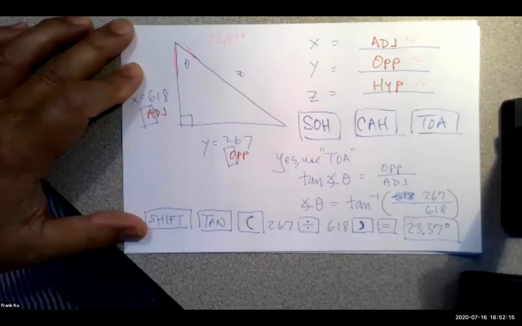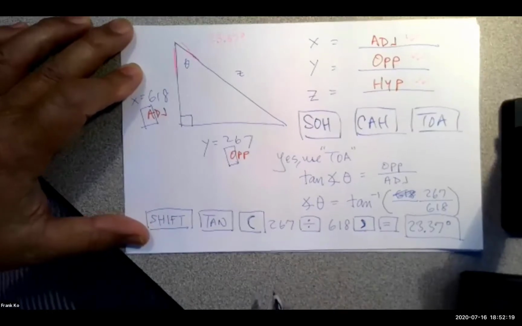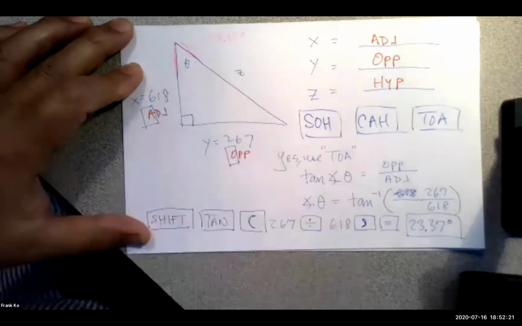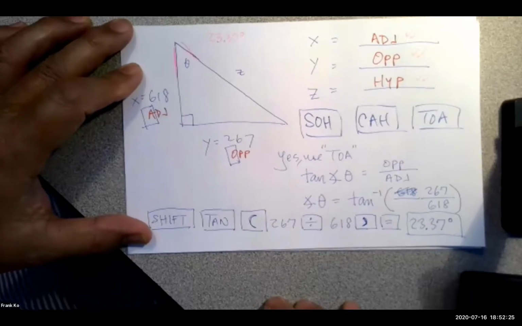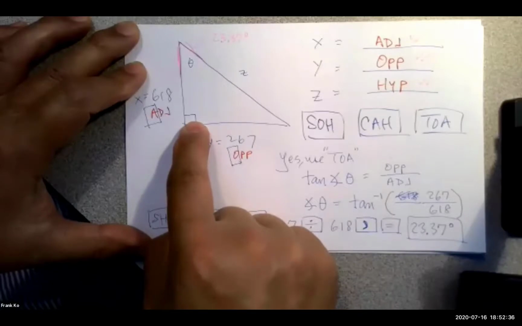All right. Now we're going to double check that. How are we going to double check that? There's a couple ways we can double check. Who's got a suggestion how we can double check this number? 180 minus 90, and then what?